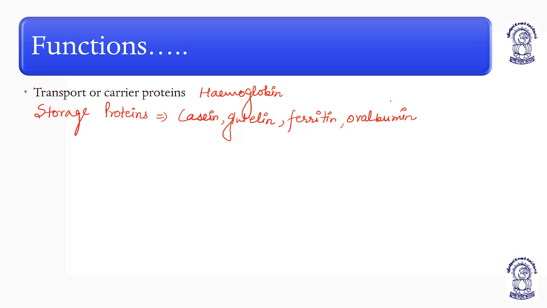Proteins which have all the essential amino acids are called first class proteins.